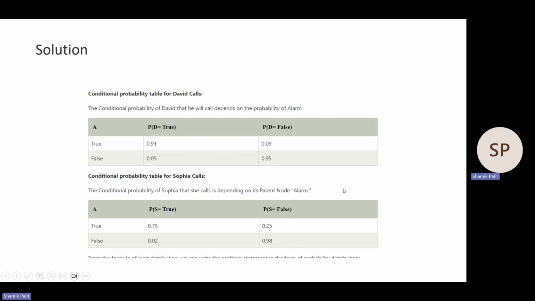Similarly, we can also find out the conditional probability for David to make a specific call, where the call of David depends on the probability of alarm. And we can also find out the conditional probability of Sophia to make a call, where it also depends on its parent node, that is known as alarm. And finally, we got all the probability values based on a specific given scenario.